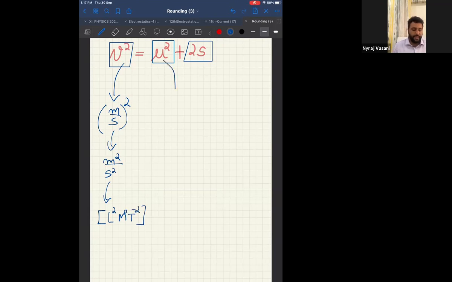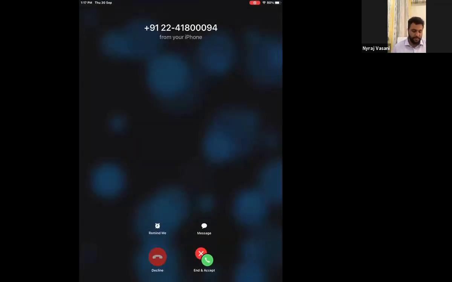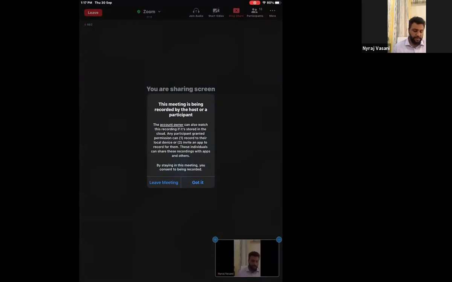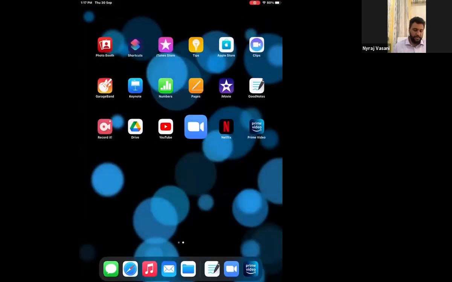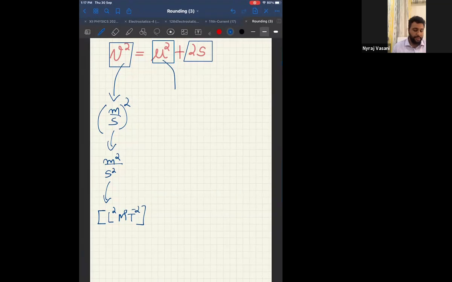Now, U square, what is U? Initial velocity. Initial velocity is meter per second, and the whole square is nothing but meter square per second square.